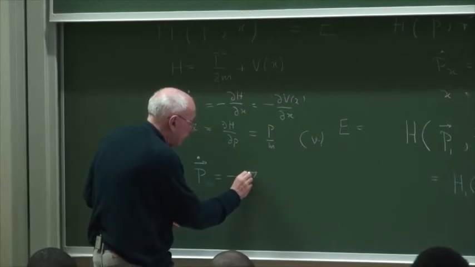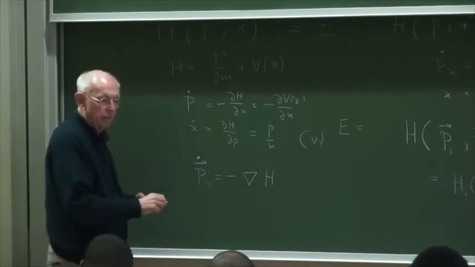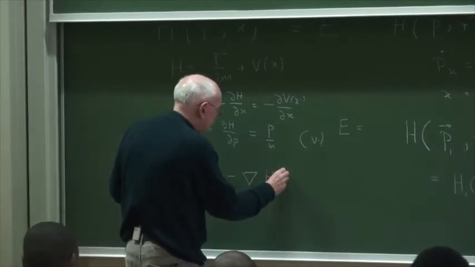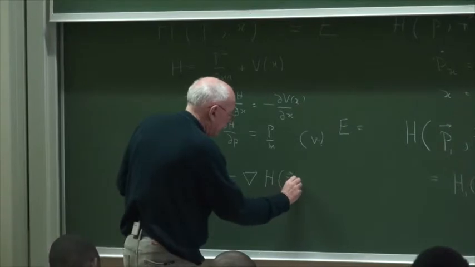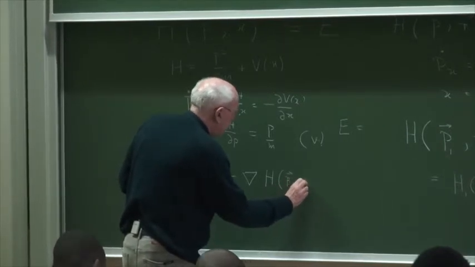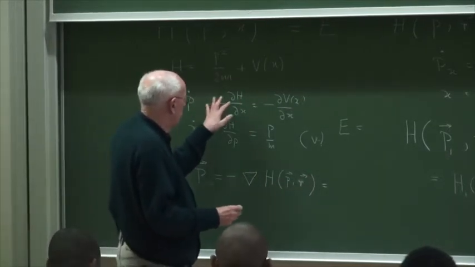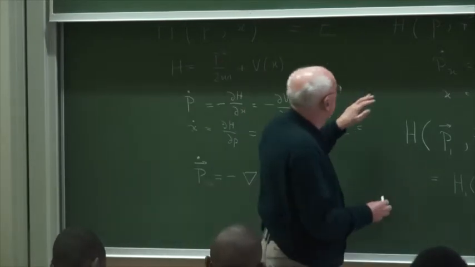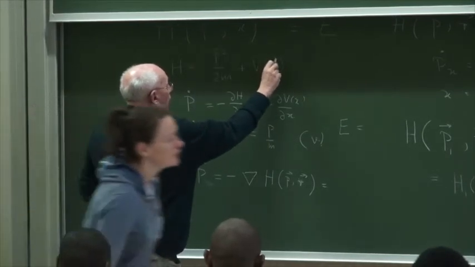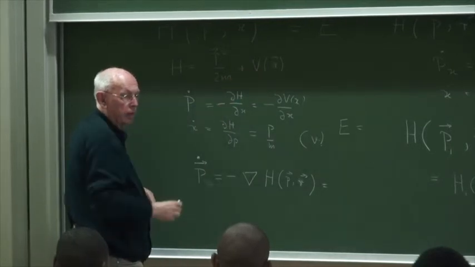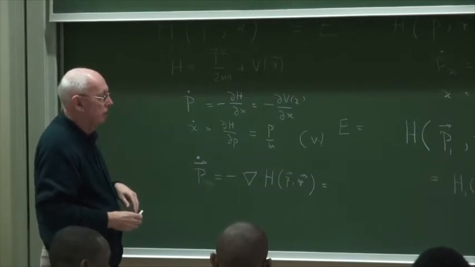We say it is the gradient of H, and this is P and R. In this case, if H looks like this, then it is the gradient. Is the light not good?